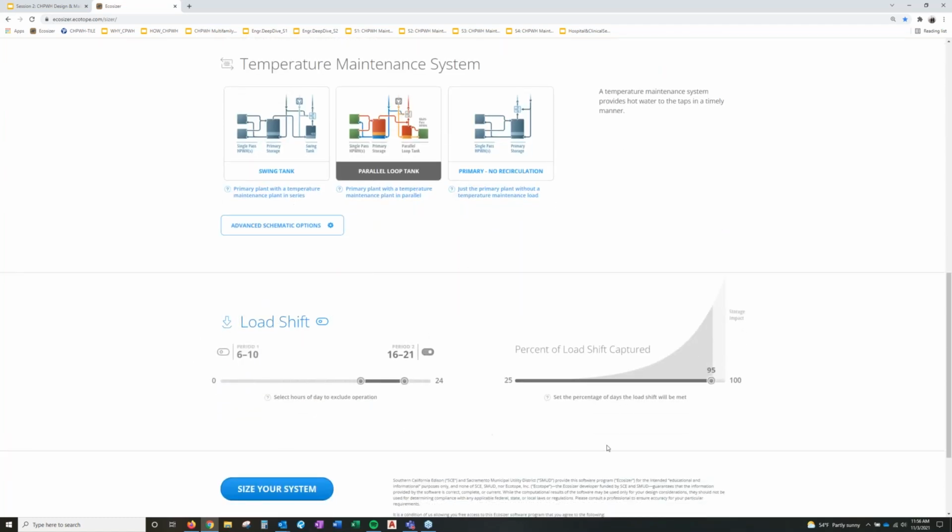Load shift is something that can be super advantageous for these heat pumps, as we're already prioritizing that battery or the size of the thermal storage tanks. Right off the bat, we're trying to have more thermal storage or more battery. That really aligns with load shifting. We can shift more out of the peak time of use pricing periods.